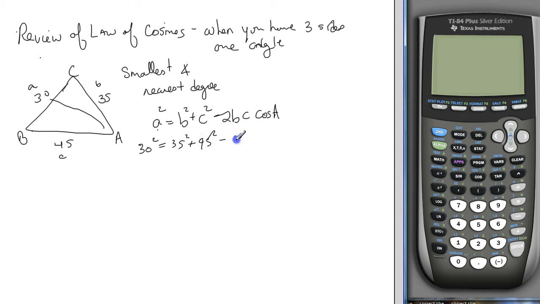This is what I call a 1, 2, 3 problem. You cannot type this directly into your calculator. It will not work. So we're going to do it in three parts, because I'm looking for this angle. This is a 1, 2, 3: one part, these two together, these three together.